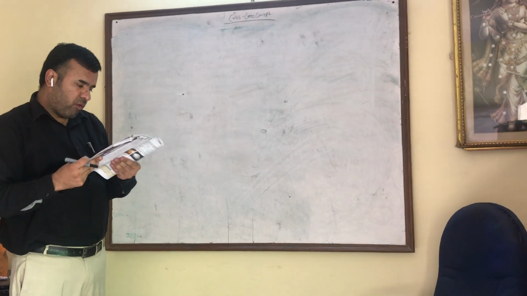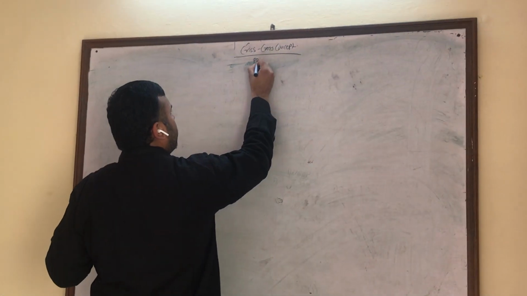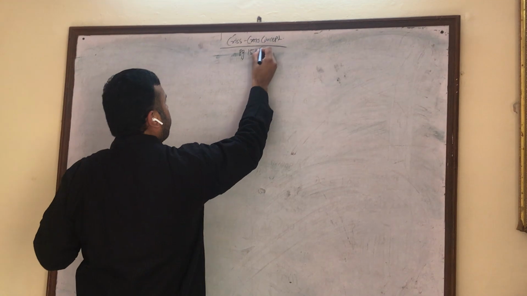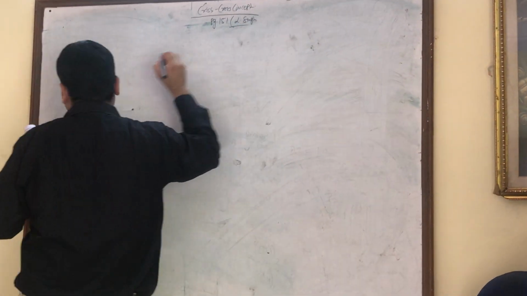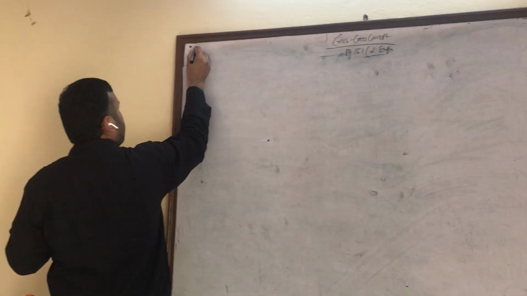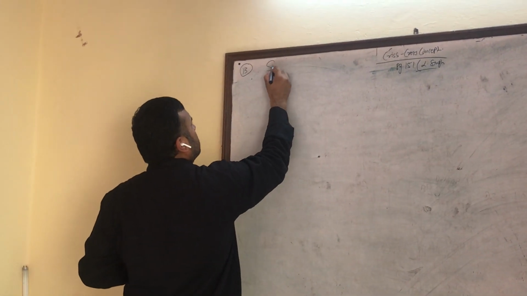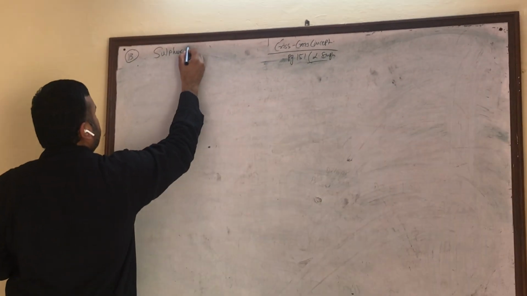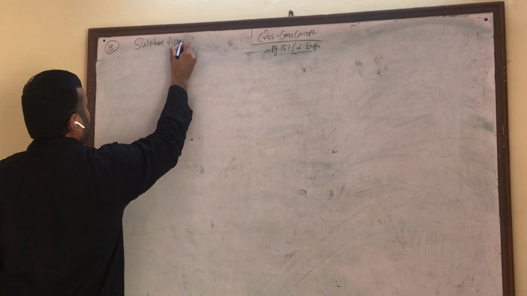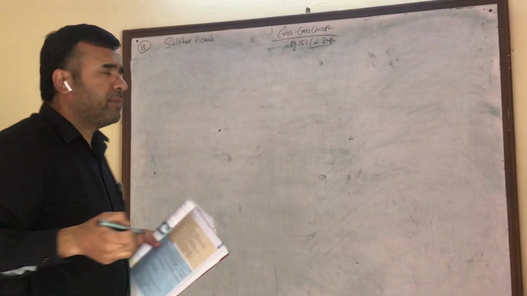It's on page number 151, Lakhmir Singh, right? Okay, question number 13. Find the formula for sulfur dioxide. Sulfur dioxide.